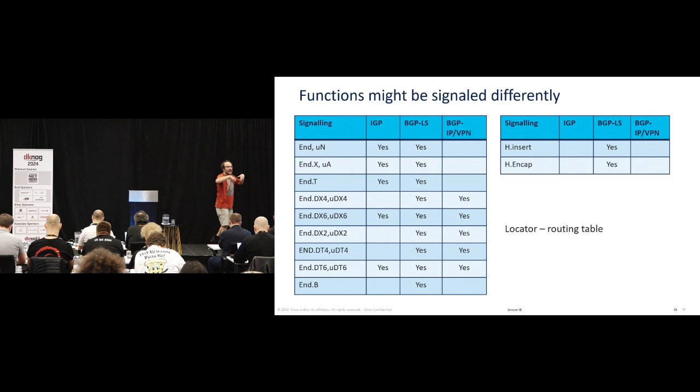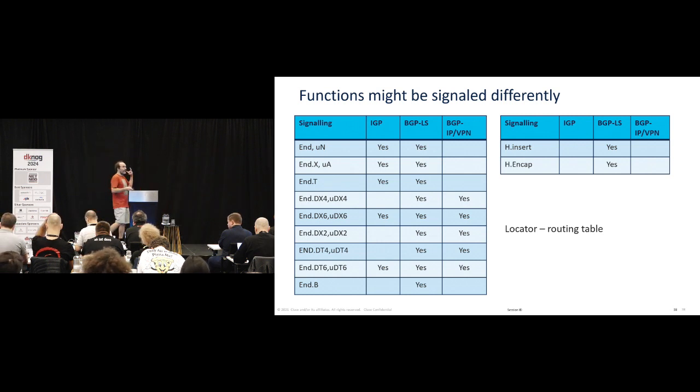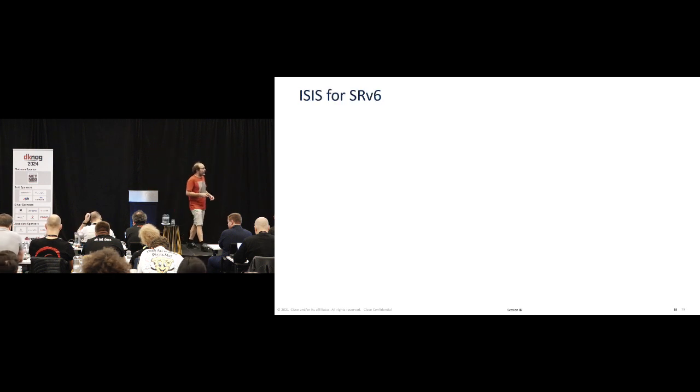A controller can use that function any way it likes, right? That's important, and I said that already. The most important thing is the locator. Locator always goes to the routing table. Well, typically advertised in IGP. Sometimes it can be advertised in BGP in case of a large data center network, for example.